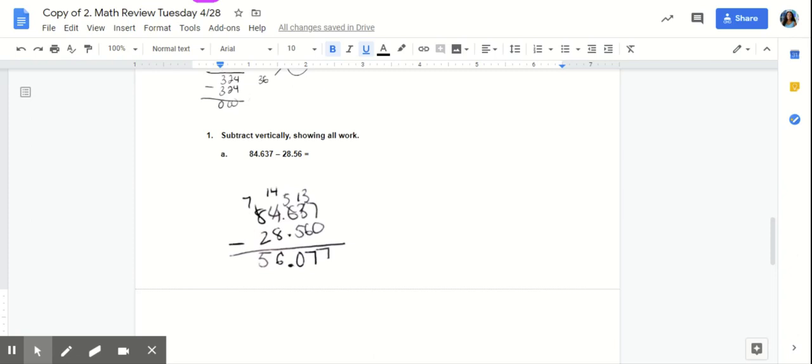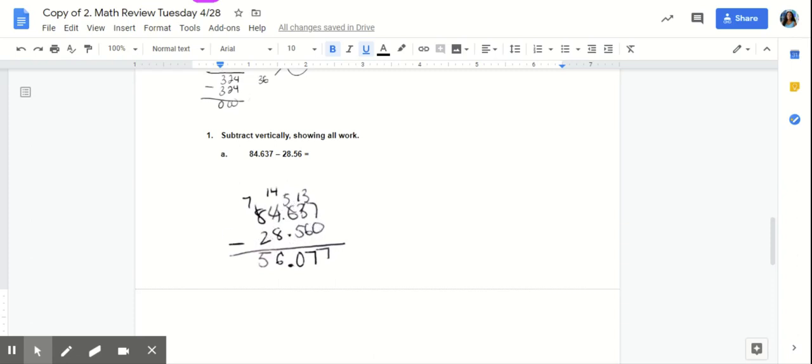Number 1, subtract vertically showing all work. Remember, when you're subtracting decimals, you should always be lining up your decimals together in order to do your algorithm accurately. Check your work here.